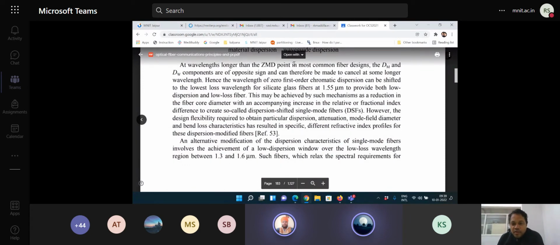It was also found that the lowest attenuation is found at 1550 nanometers or 1.55 micrometers.